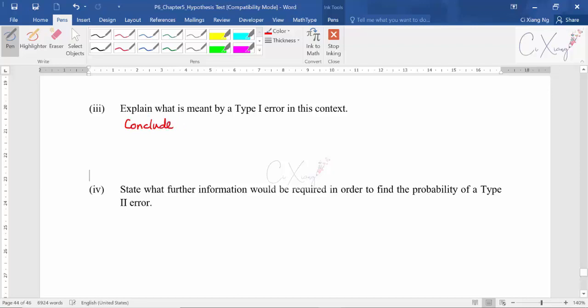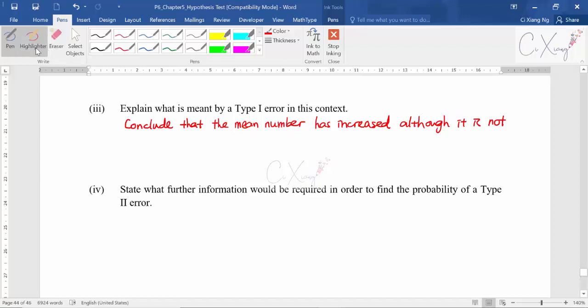We conclude that the mean number has increased, although it is not. So we are making a wrong decision. In fact, it is not increasing, but we conclude that the mean number increased. That is what we meant by the type 1 error in the context here.